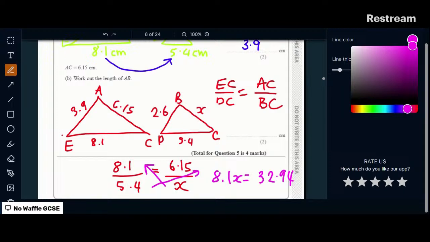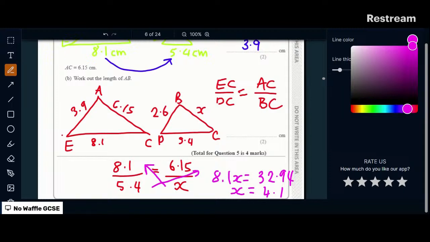And then you divide it appropriately. So x is just equal to 4.06666, so that can just be 4.1.